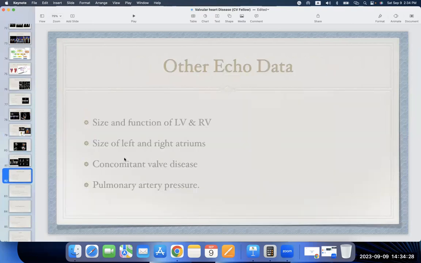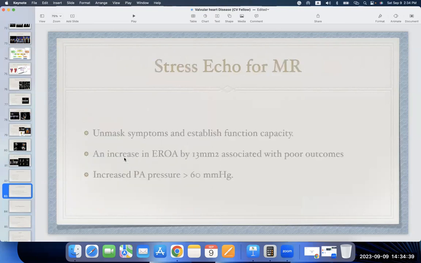These are the other parameters that we always say you have to assess: the size and function of the RV, LV, left atrium, right atrium size, concomitant valve disease if the patient has it, and pulmonary pressure, as we mentioned before. You can also do stress echo for a patient with MR to unmask symptoms, if they are denying symptoms and you think they are symptomatic but not active.